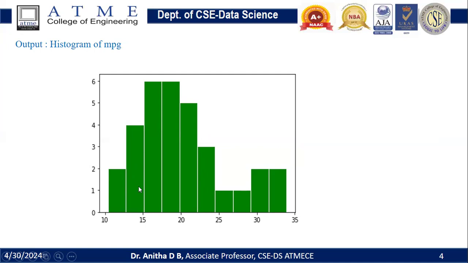So if you count the separated ranges of values, 1, 2, 3, 4, 5, 6, 7, 8, 9, 10. So if we give bins is equal to 10, then it will divide the range into 10 parts. If we give bins is equal to 5, then it will divide the range into only 5 parts.